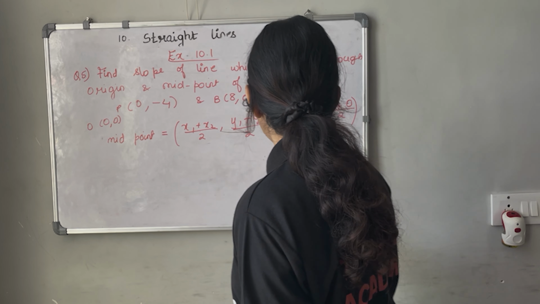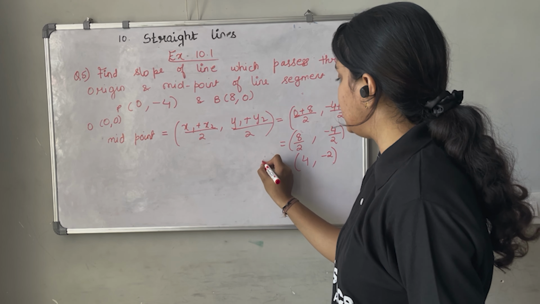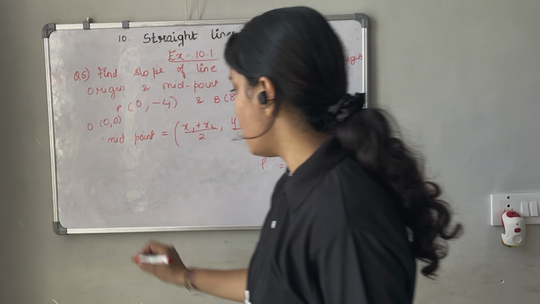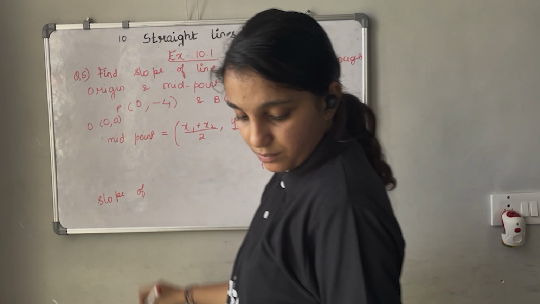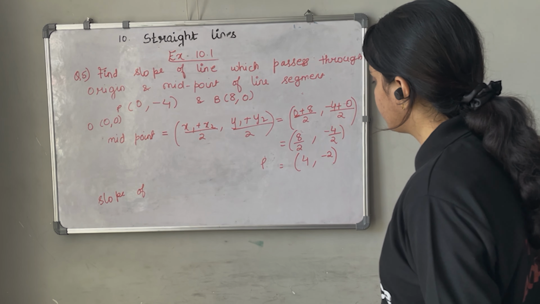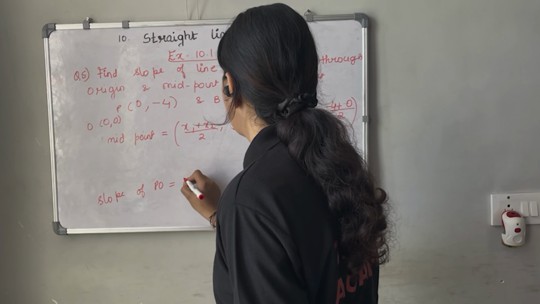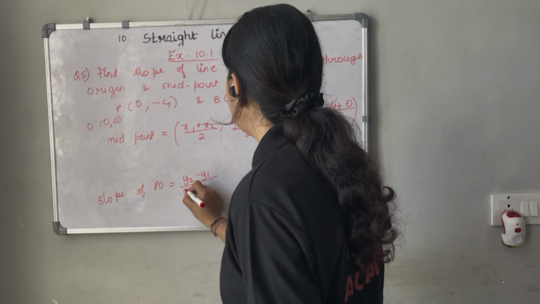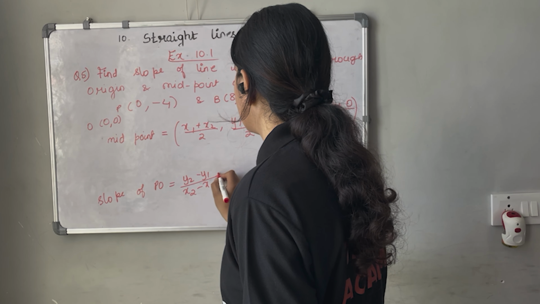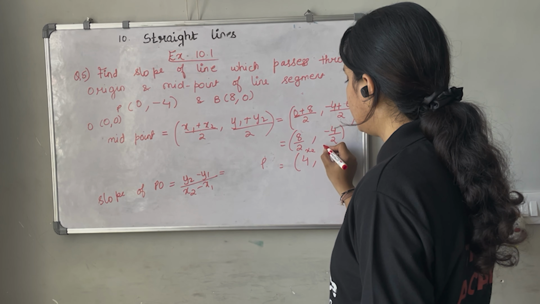Let this point be P. Then the slope of PO will be y2 minus y1 upon x2 minus x1. Now this is my x1 y1, this is my x2 y2.